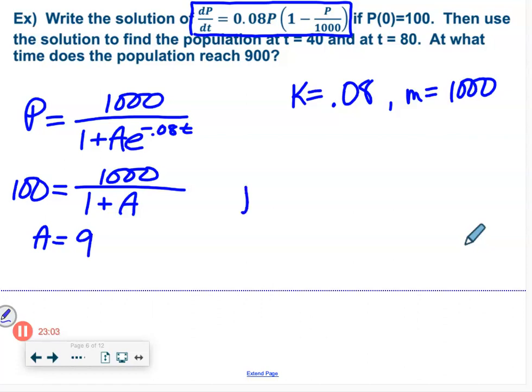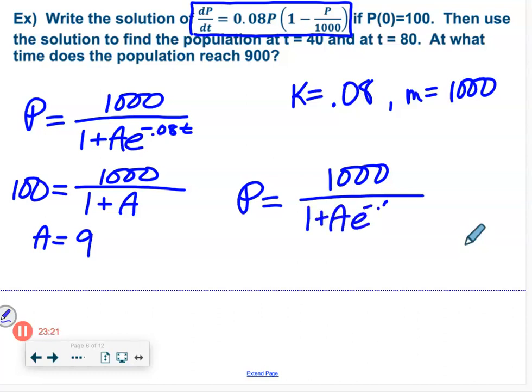All right, so now we have the model. This is our population model. Notice this is the rate of change of the population, and this is the actual population, right? So the population is 1,000 over (1 plus 9 e to the negative 0.08t).